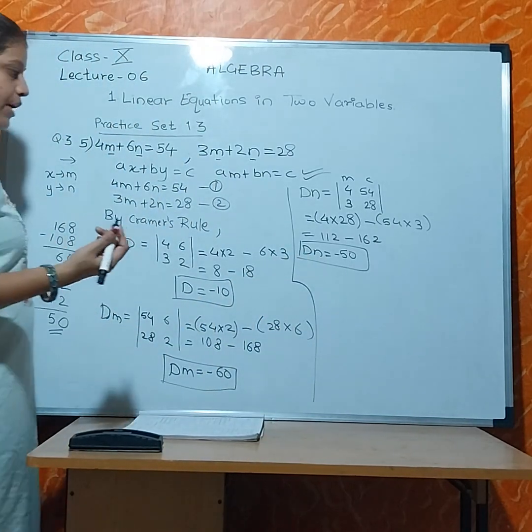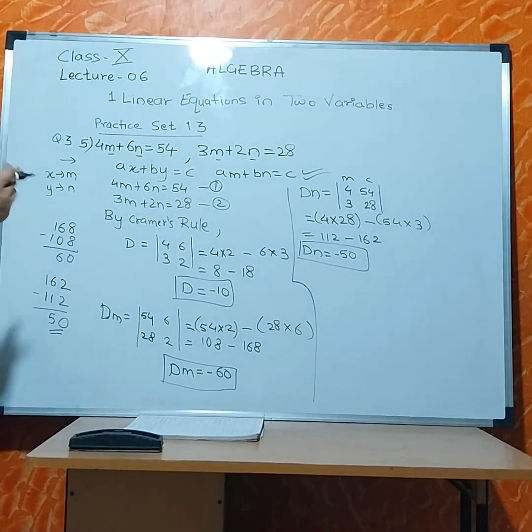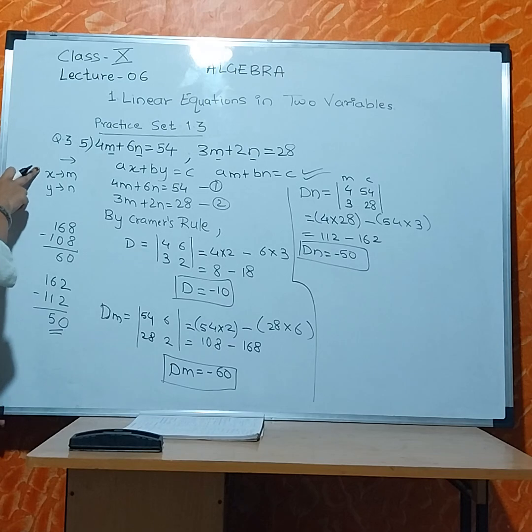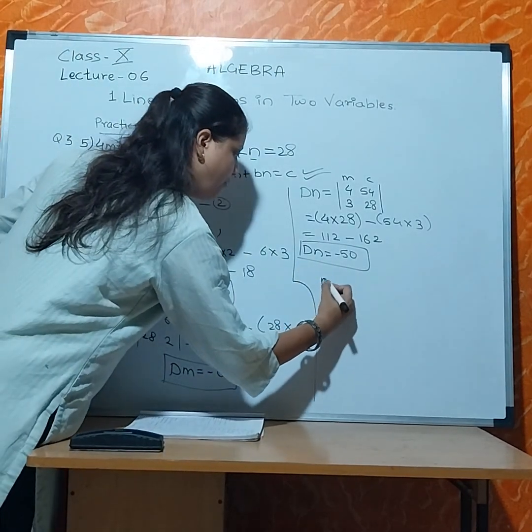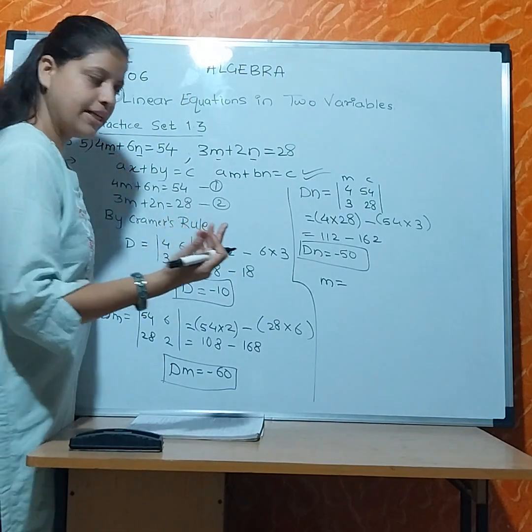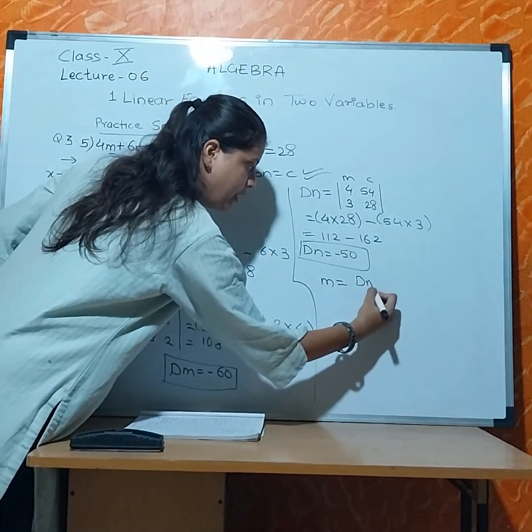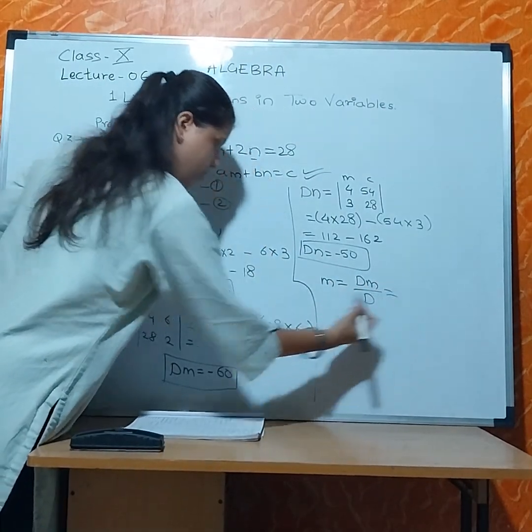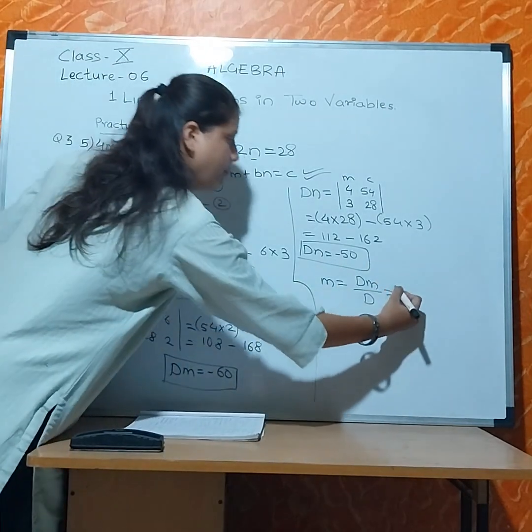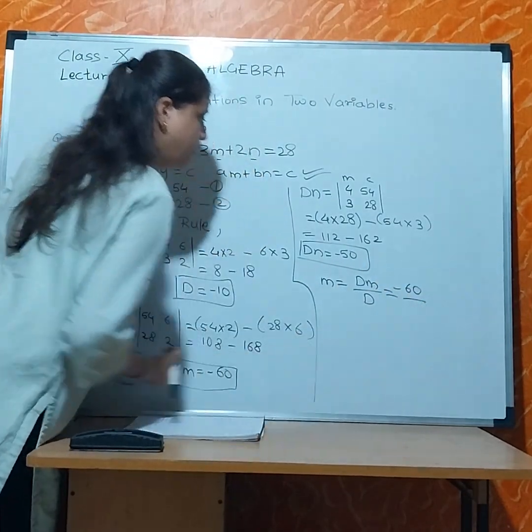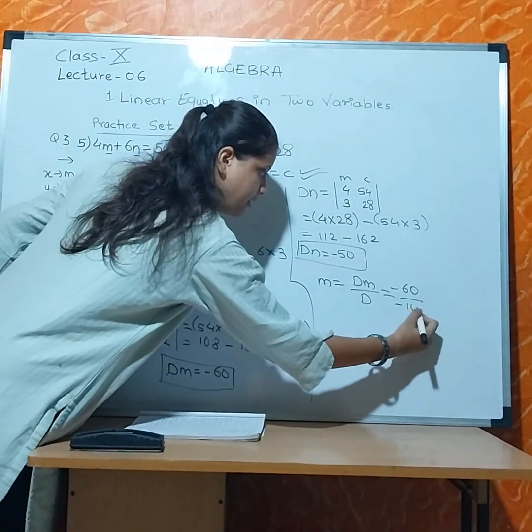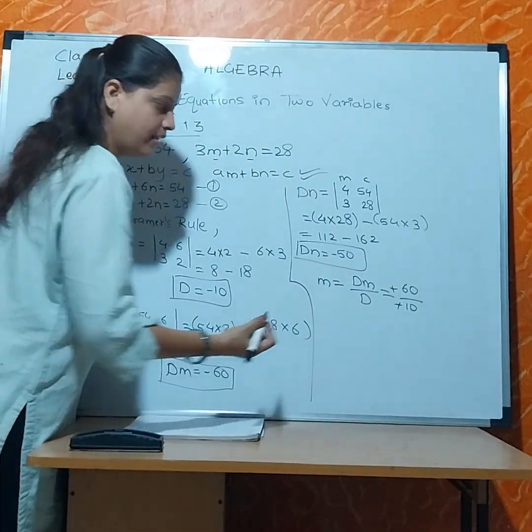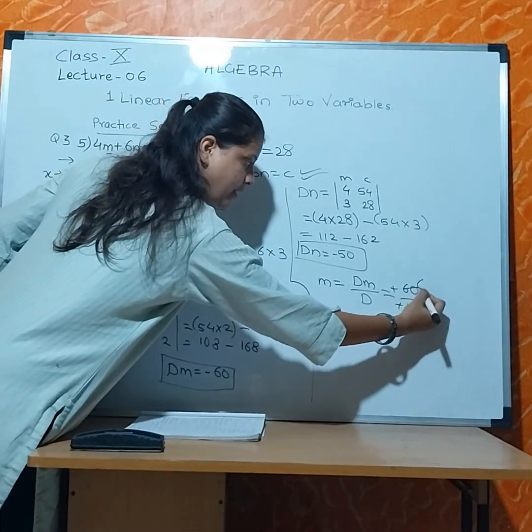Now next, we have to find the values of m and n here, because instead of x and y, the variables here are m and n. So to find the value of m, the formula will also change. Instead of x here, it will be dm upon d. So dm is minus 60 and d is minus 10. So minus minus gets cancelled and 10 6s are 60.